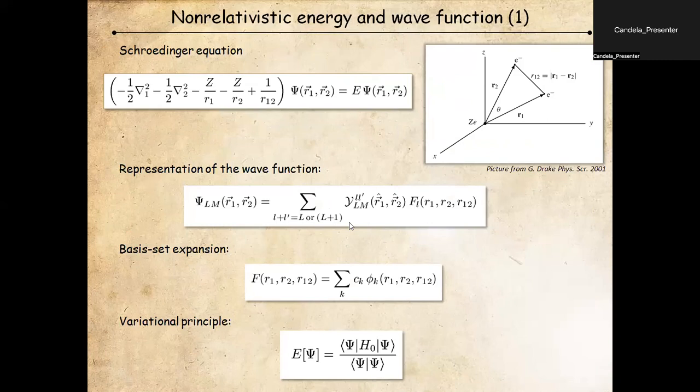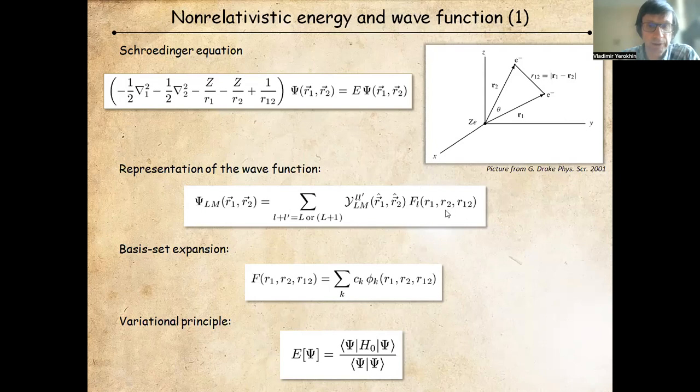For a given total angular momentum, you have a double summation L1 and L2 for all electrons. Am I right? Not really. For P state there is just one contribution. So here you use one. Okay. Yes, for D state there will be two parts. Okay.